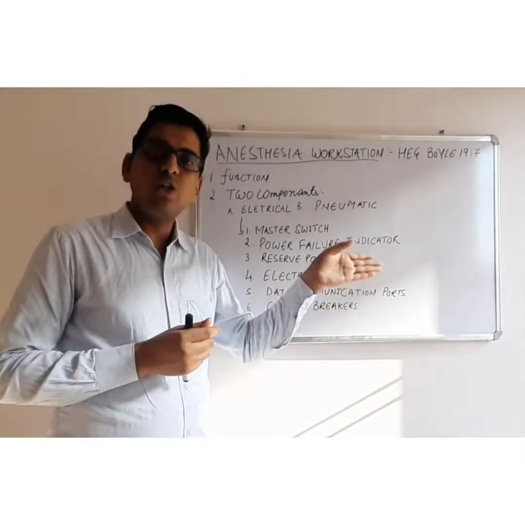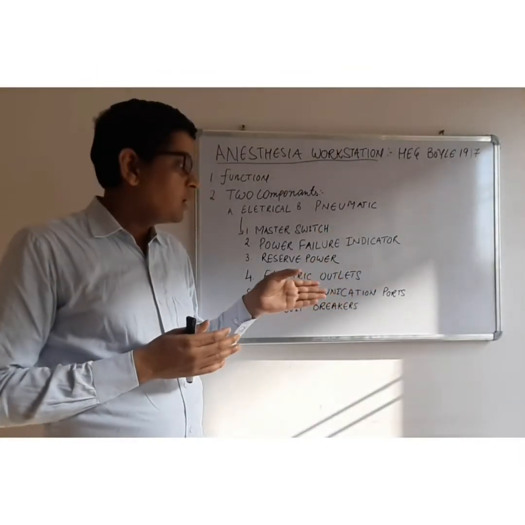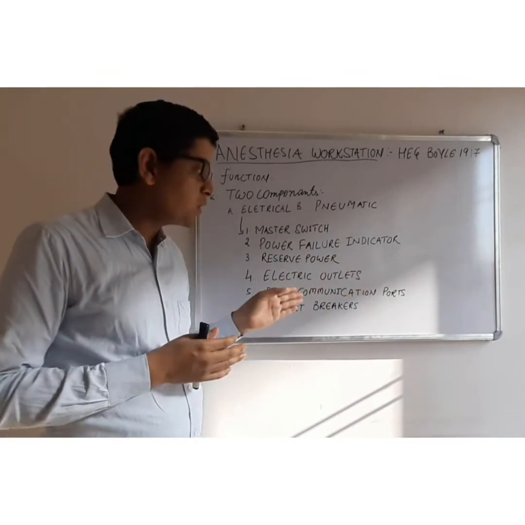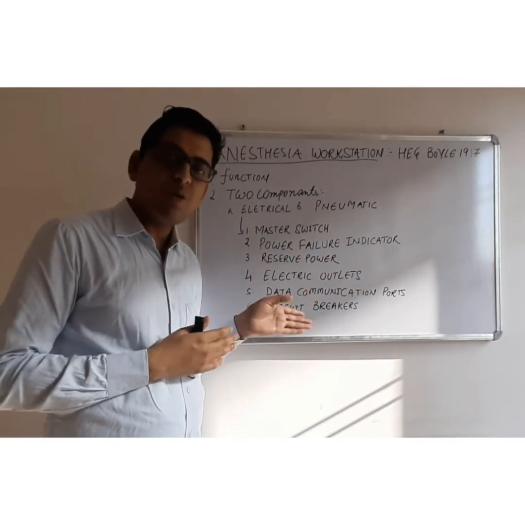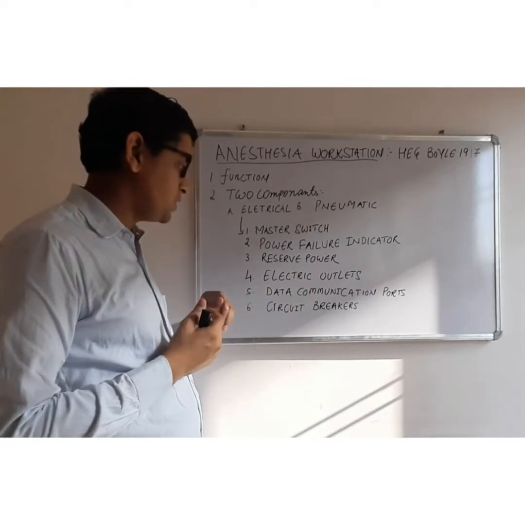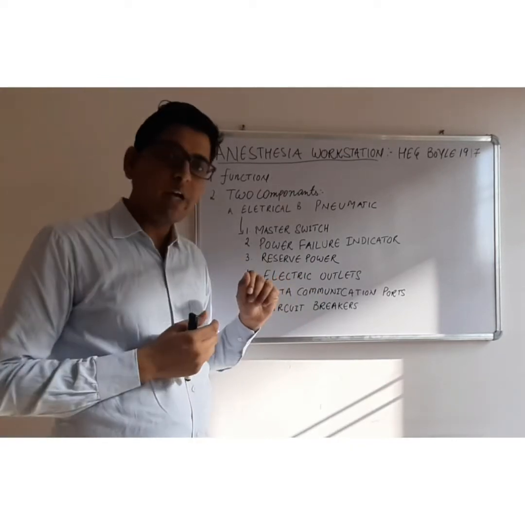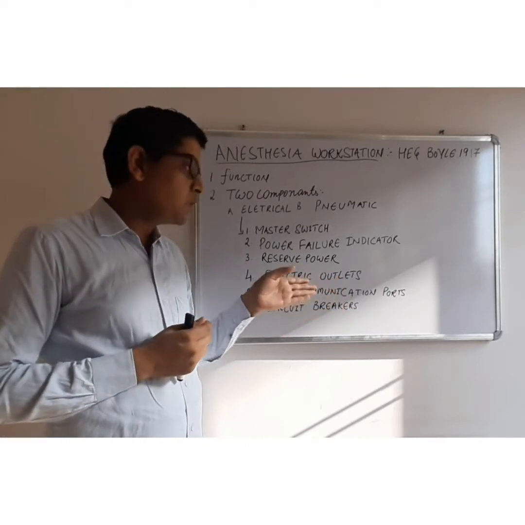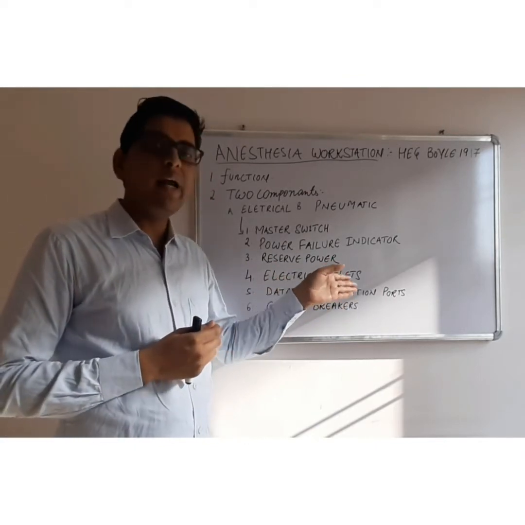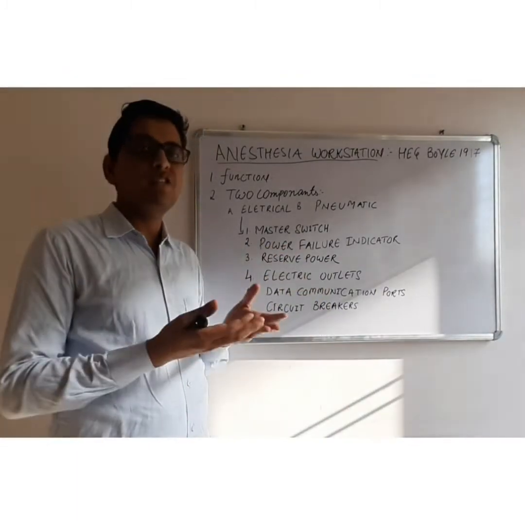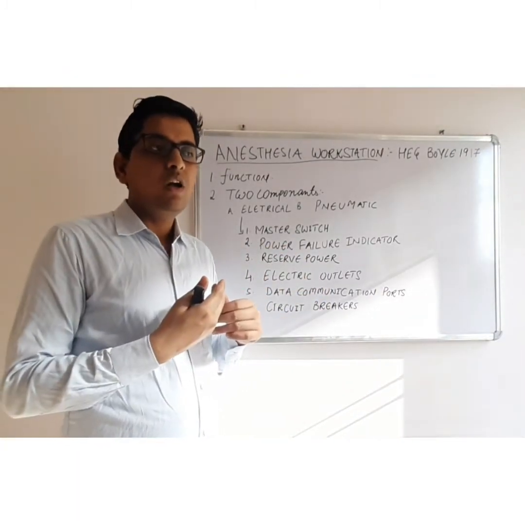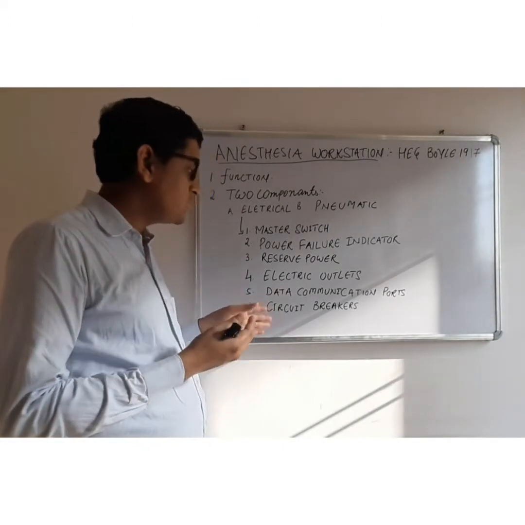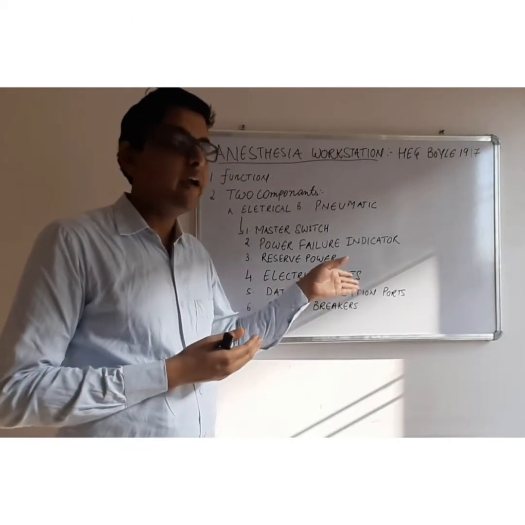These are also situated on the back panel of the machine, and these data communication ports are used to transfer information among anesthesia machine, monitor and data management system. The next part is circuit breakers. These are situated on back side of the machine, and these are for anesthesia machine and for electrical outlets. So in case there is excessive electrical loads, these circuit breakers may get activated.